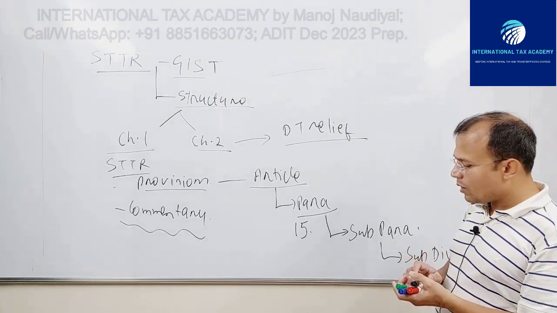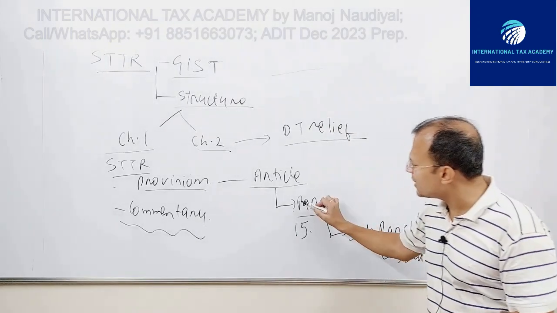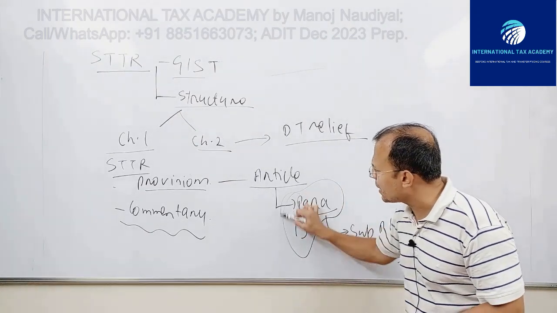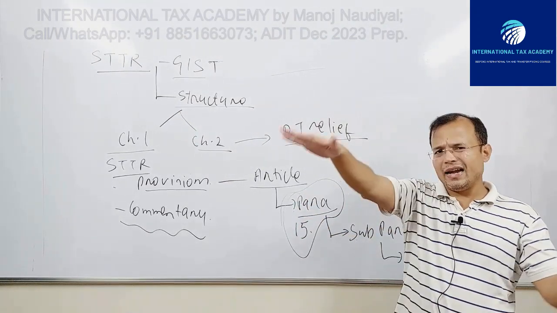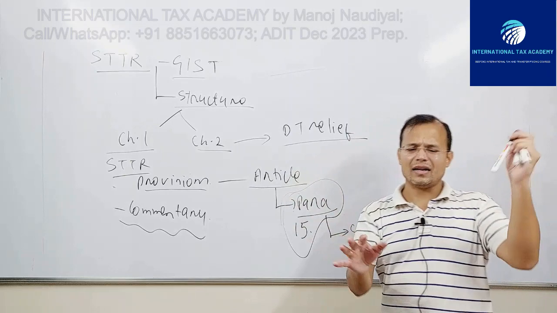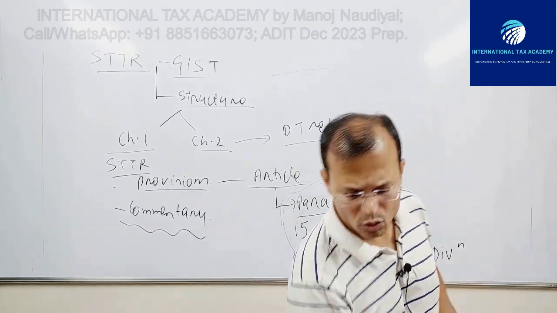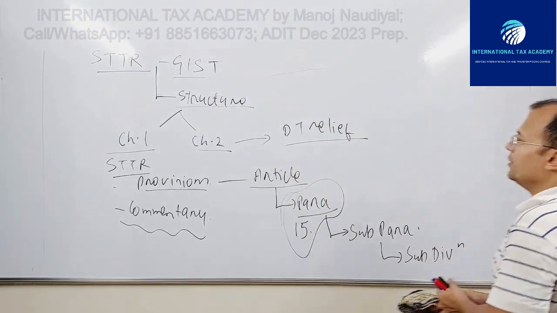So what I am going to do is simply take you quickly through these 15 paragraphs, their headings, and the headings will give you what exactly is contained in those paragraphs.